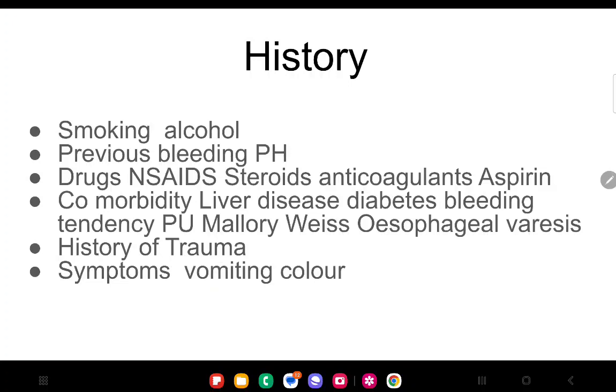Also ask about the history of esophageal varices, whether due to portal hypertension or chronic liver disease and cirrhosis. History of trauma is also important. The color of the vomitus is important, and the amount also, which you can tackle from the history.